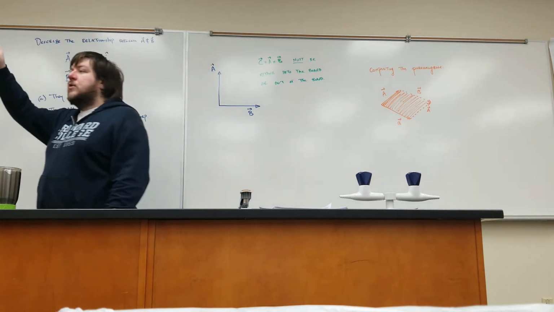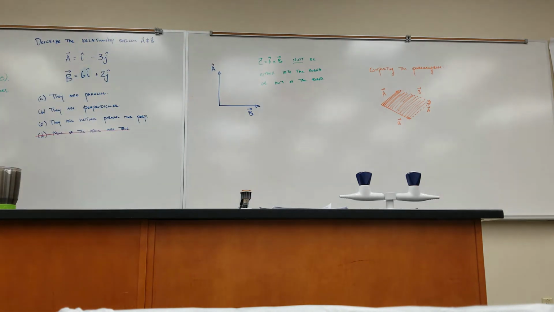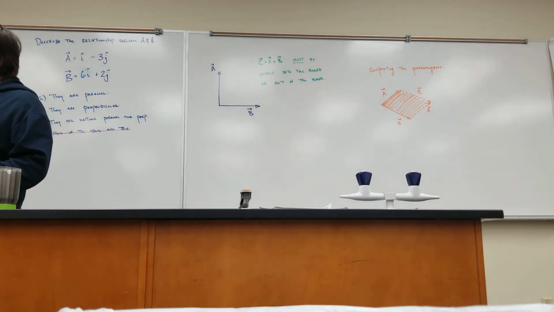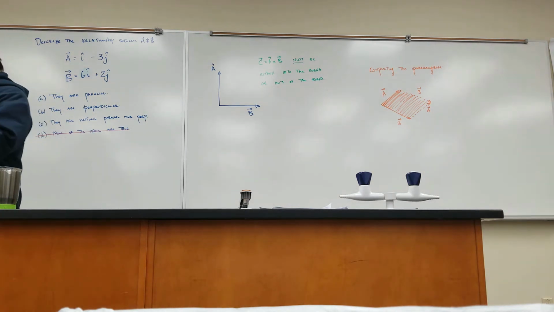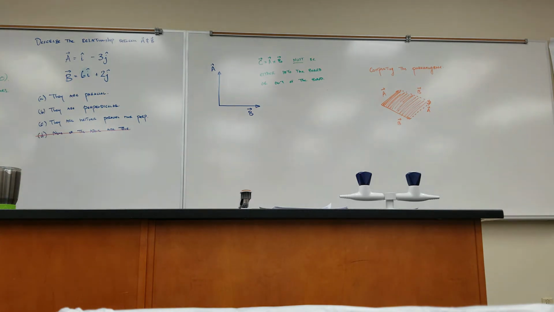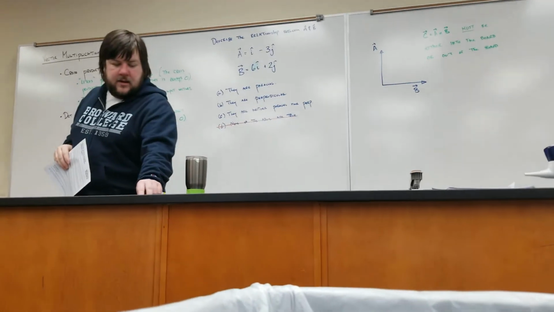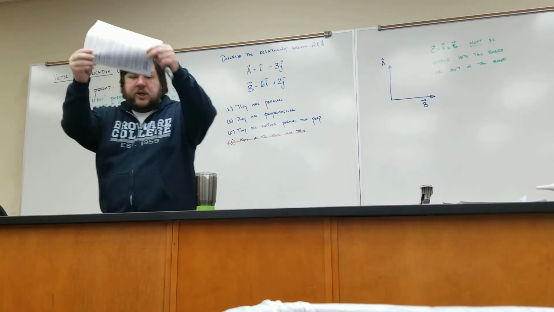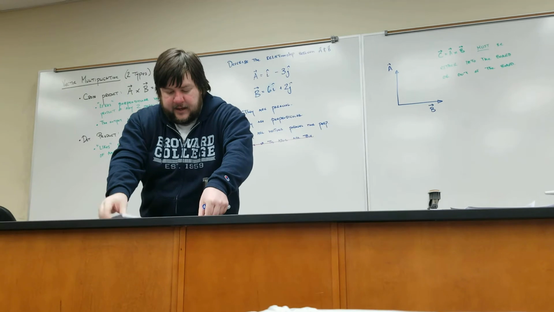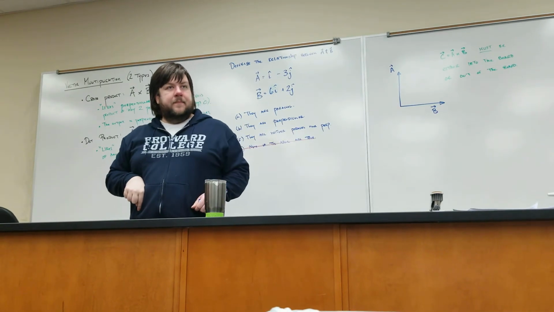And the output of the cross product must be perpendicular to that surface. It must be perpendicular to this piece of paper. Okay? So if I have a vector A that points like this, and I have a vector B that points like this, I can imagine taking my sheet of paper and completing that parallelogram.